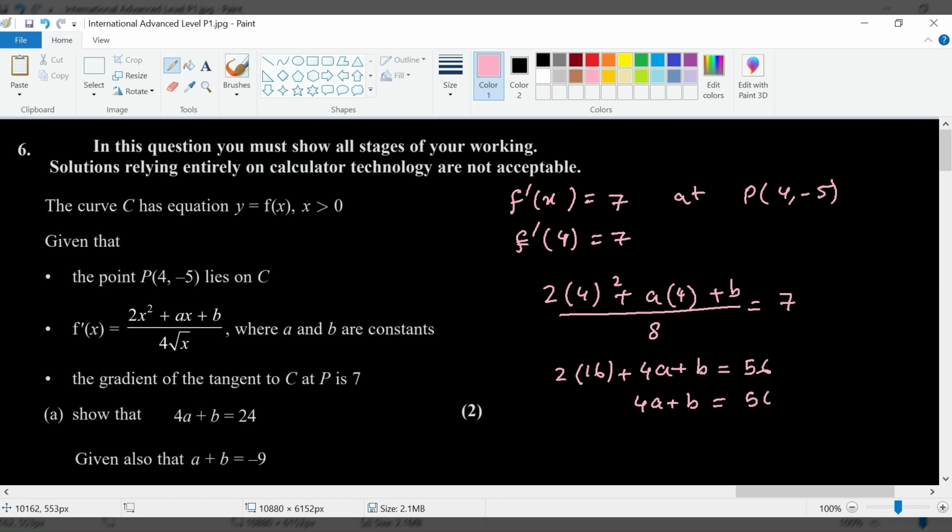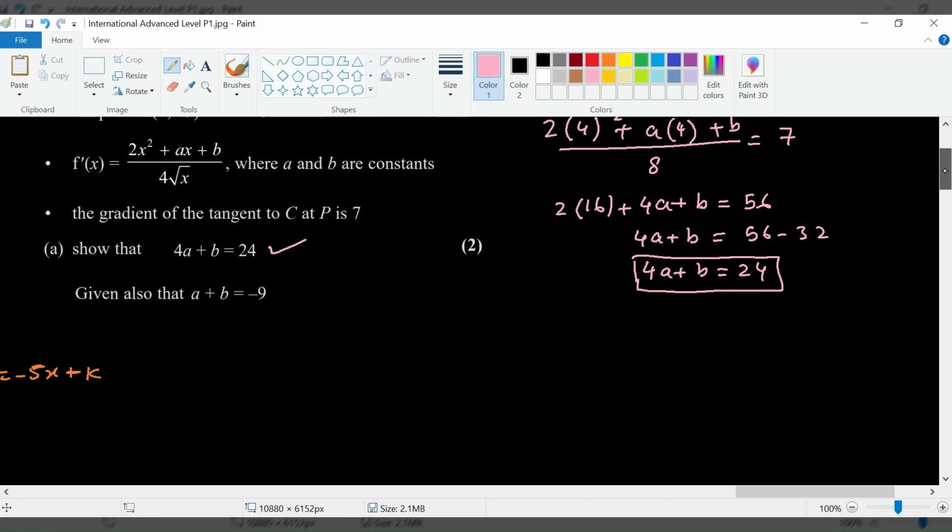So I will write 56 minus 32. So I can clearly say that 4a plus b equals 24, which is expected from us in part A. As you can see, to show that 4a plus b is equals to 24. So you get 2 marks for this question.